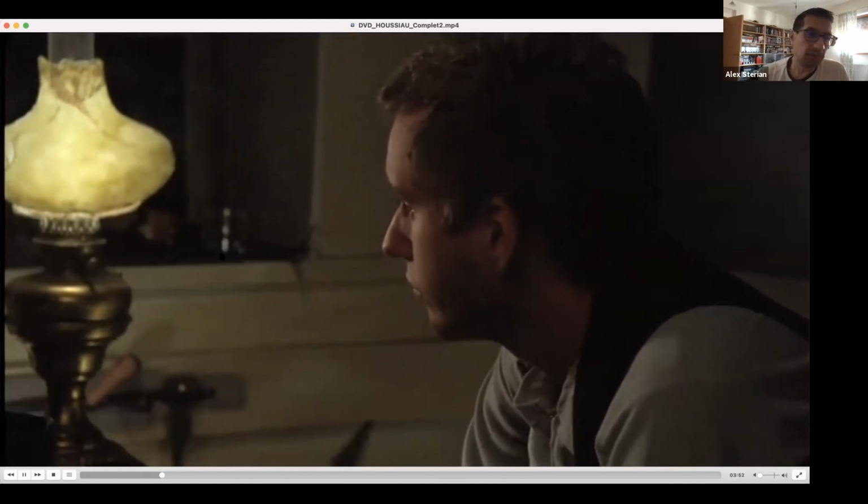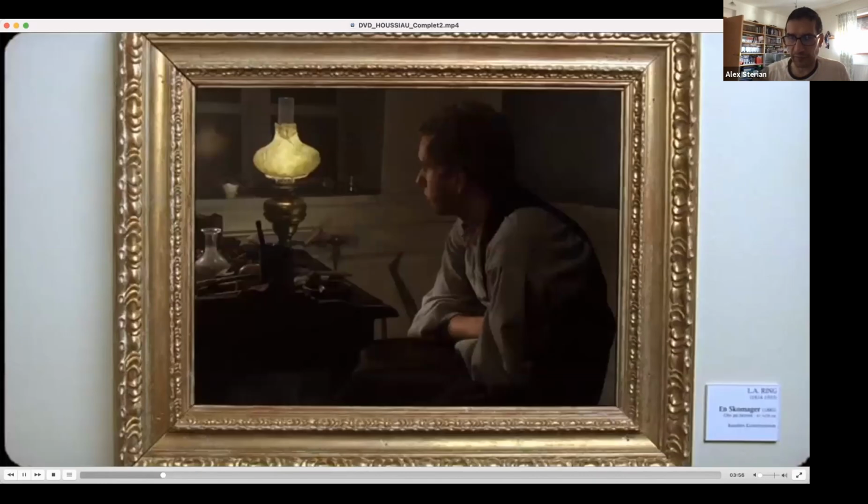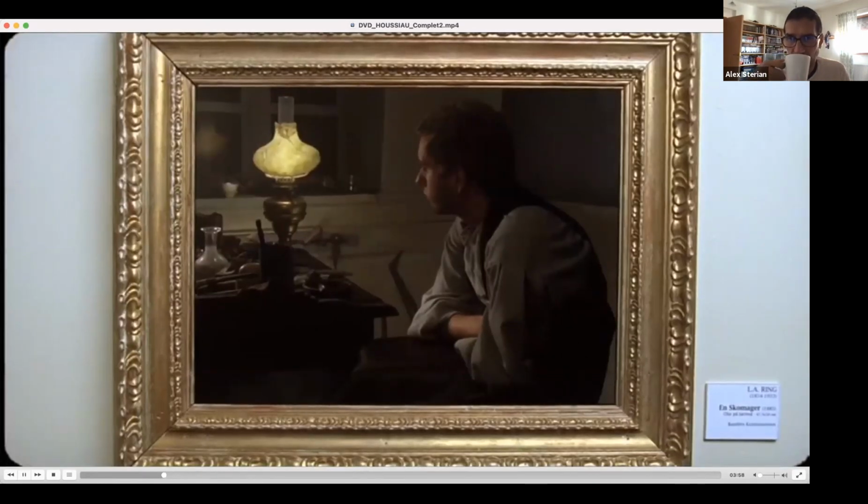It was a very interesting exercise because the students were trying to simulate the same atmosphere by trying to make it as close as possible to the original.